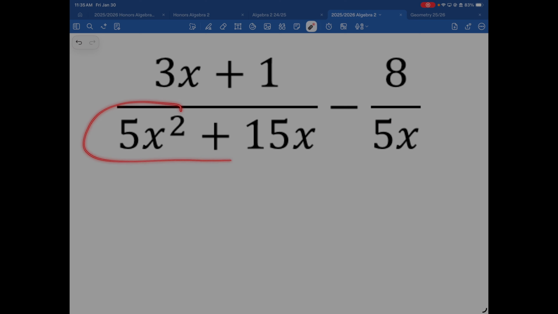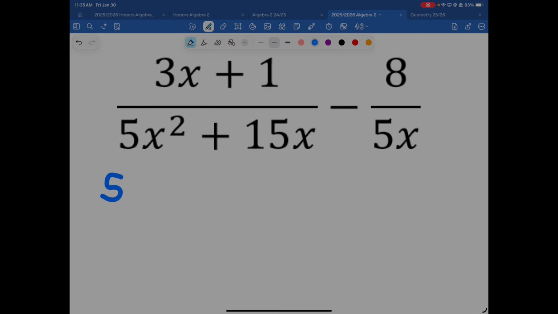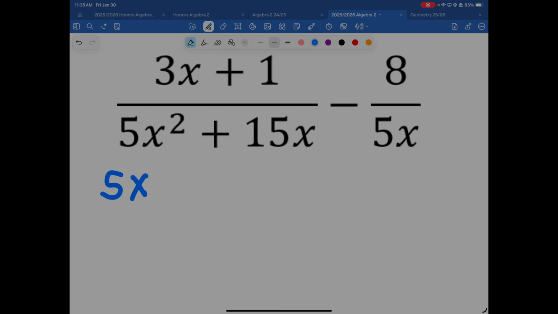What about 5x squared plus 15x? Two terms. What's the greatest common factor for the numbers 5 and 15? 5. Common factor for x squared and x? x. So if I take 5x squared divided by 5x, what am I left with? x plus 3. 15x divided by 5x is 3.